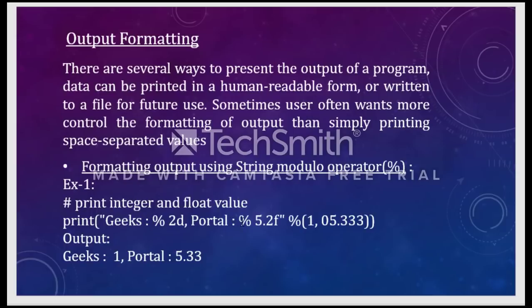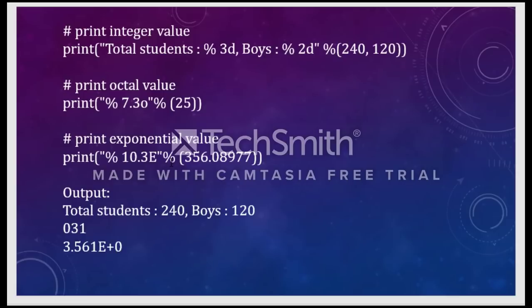Similarly after "portal", I need to get a float value. So geeks 1, portal 5.33. I'll explain why I have written this 2 here and 5.2 here within a few minutes.